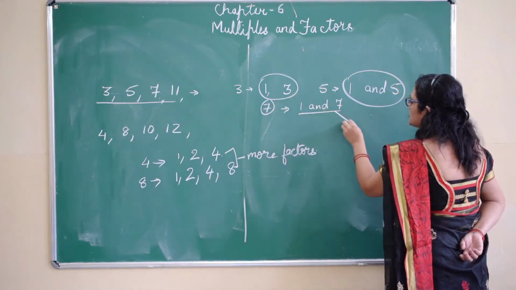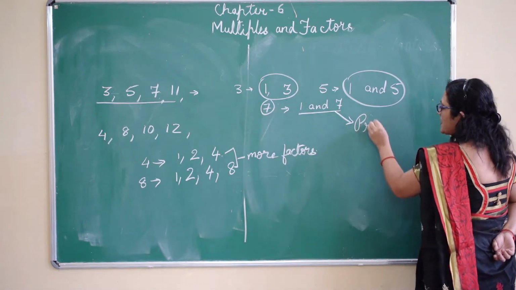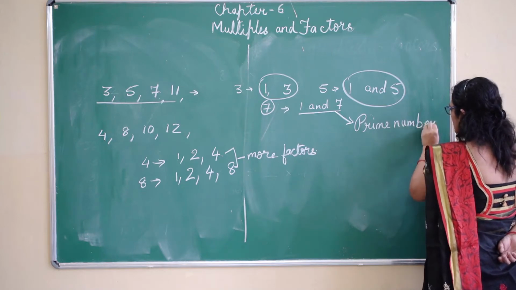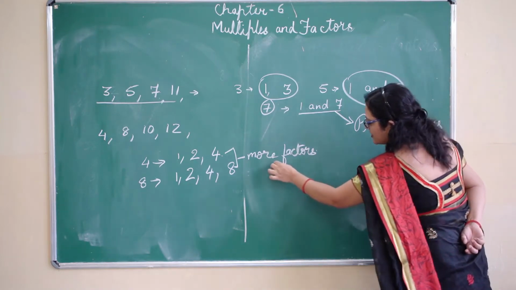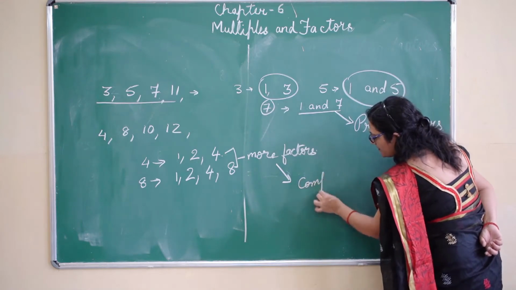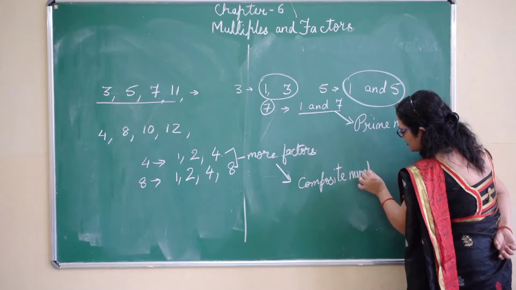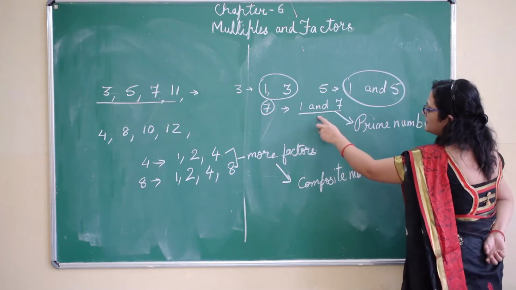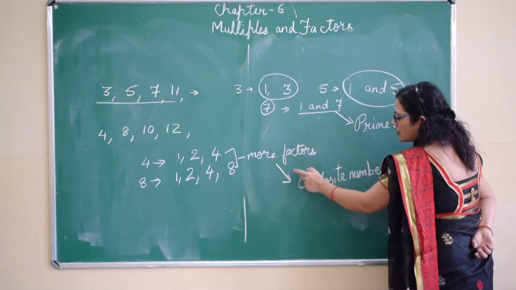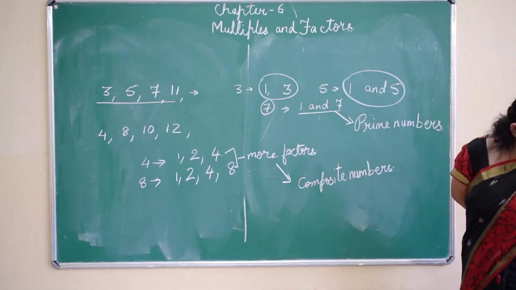Numbers having only 2 factors are called prime numbers, and numbers having more than 2 factors are called composite numbers.